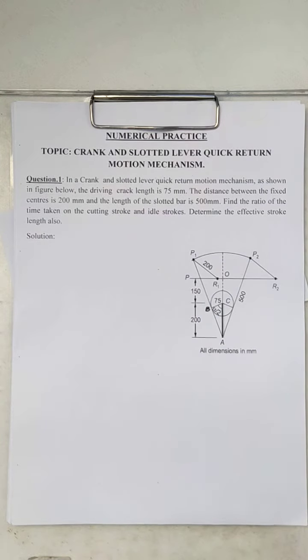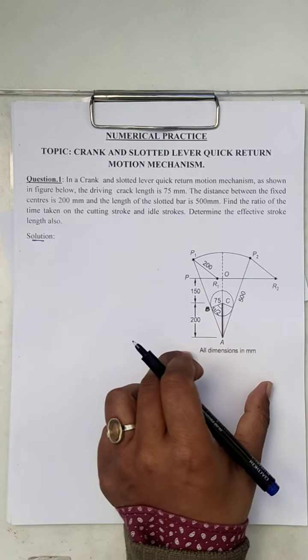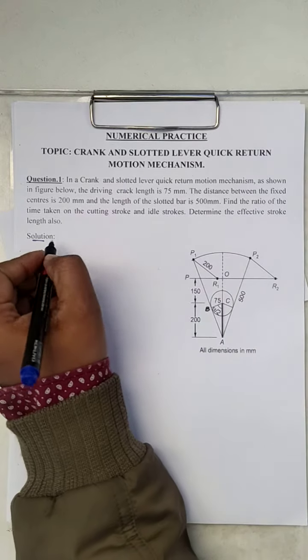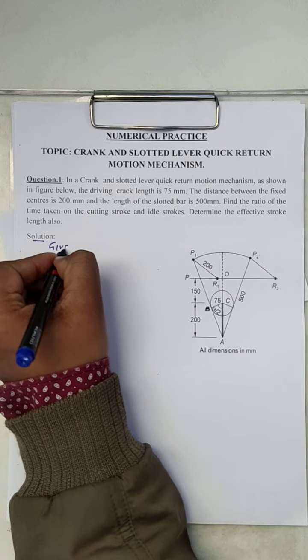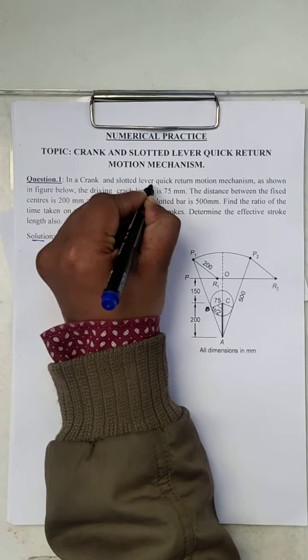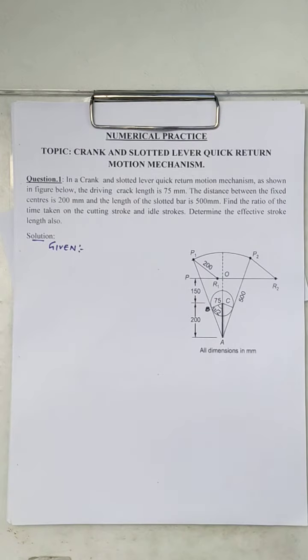So in this particular question, first of all, in a solution, we are given with this particular figure. We will write everything which is given. So we are given that the problem is of crank and slotted lever quick return motion mechanism. All the formulas related to crank and slotted lever quick return motion mechanism are known to us.